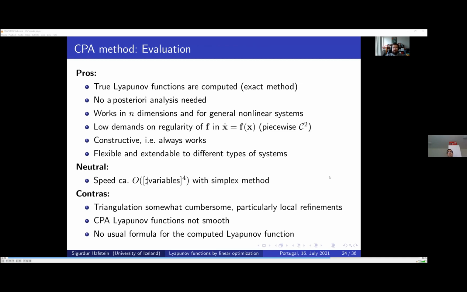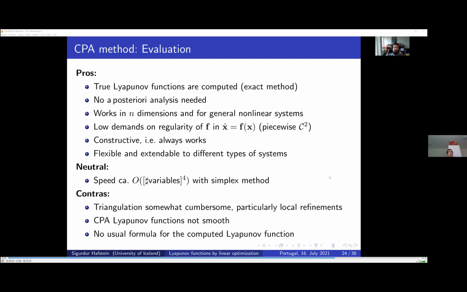Actually, we can live with a little less than that. It's constructive in that it always works. If there is a Lyapunov function, we can use this method to compute a Lyapunov function. And it's very flexible. This is just the general idea for the simplest kind of system, but this idea generalizes to many other kinds of systems and also to contraction metrics, which we have been talking about today.